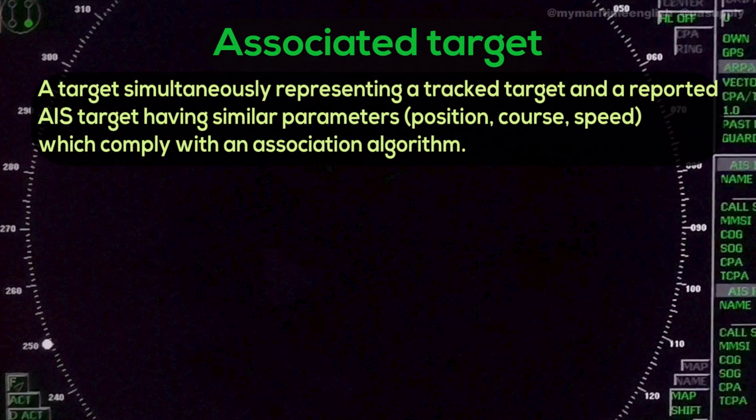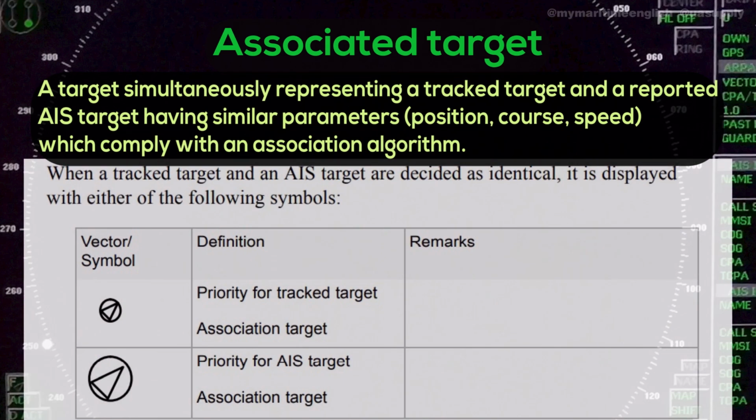Associated target. A target simultaneously representing a tracked target and a reported AIS target having similar parameters, position, course, speed, which comply with an association algorithm.